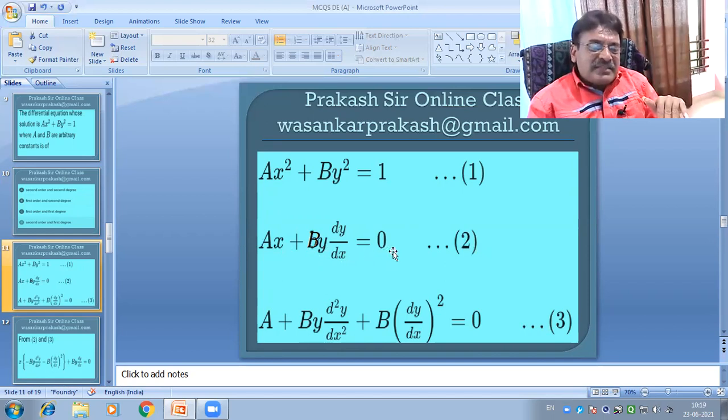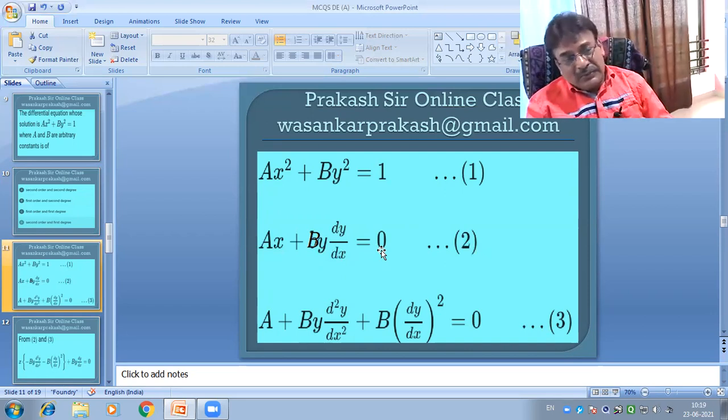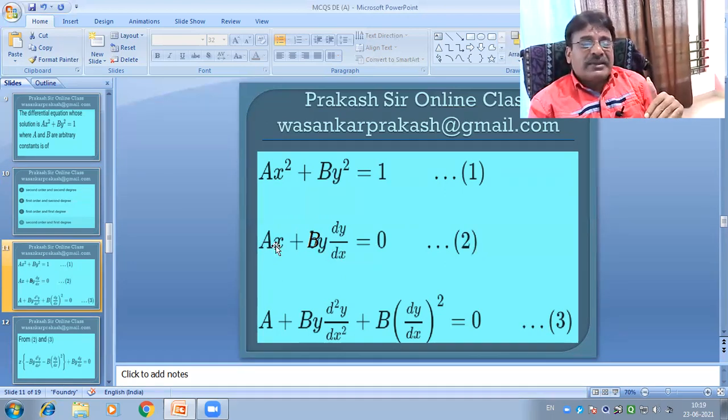Then again differentiate equation second with respect to x and find the second order derivative. Here d/dx of ax is a, using d/dx of nx equals n. Similarly, plus constant b and the derivative of a product of two functions, y into dy by dx.